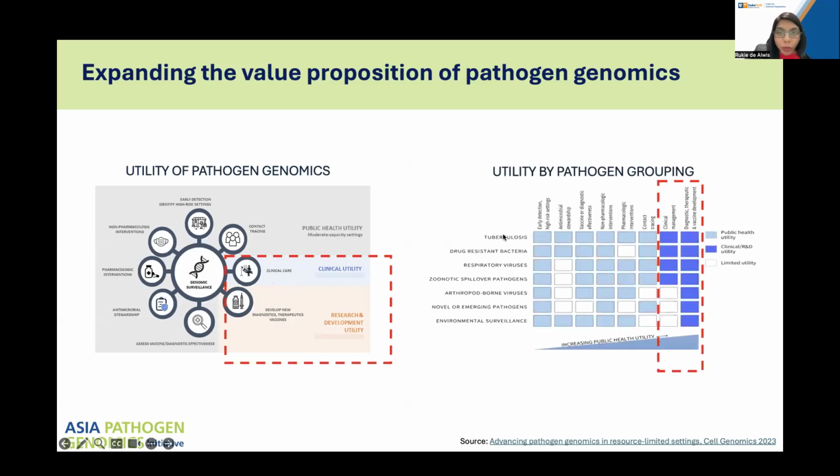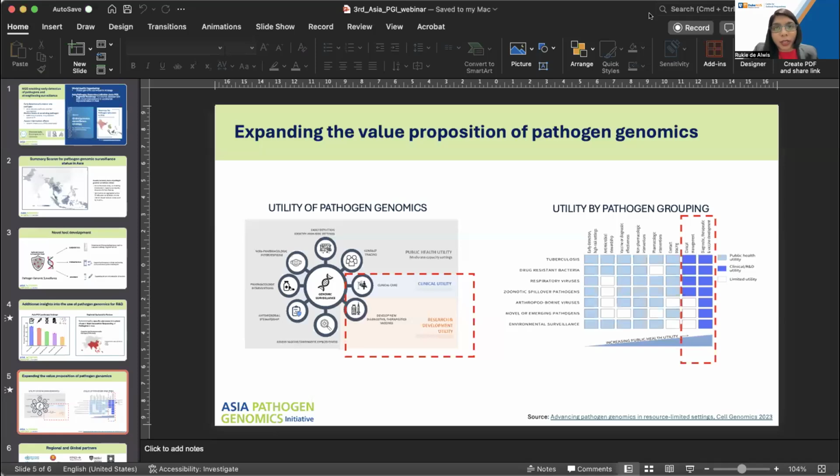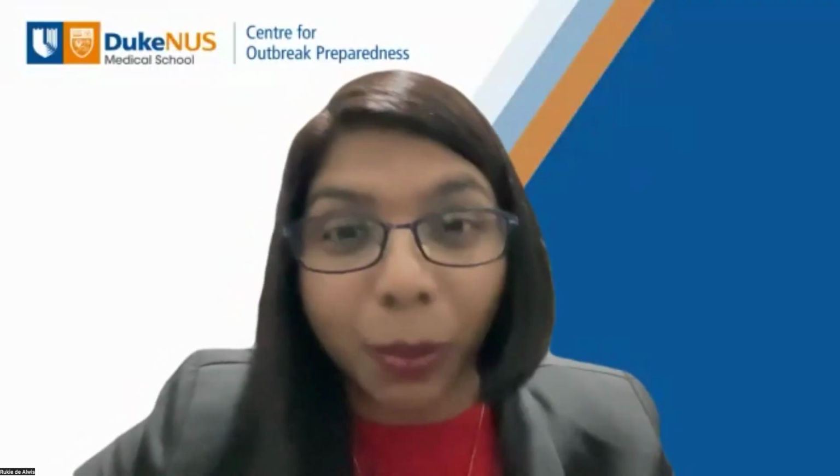And if we zoom into certain prototype pathogen groups, as we can see here, TB, drug-resistant bacteria, respiratory viruses, zoonotic pathogens, arboviruses, novel pathogens, etc., we can see that in TB and several of these top pathogens, we could potentially use NGS for clinical management, so essentially for diagnostic purposes. And essentially, this is exactly what the speaker today is going to talk to us about.